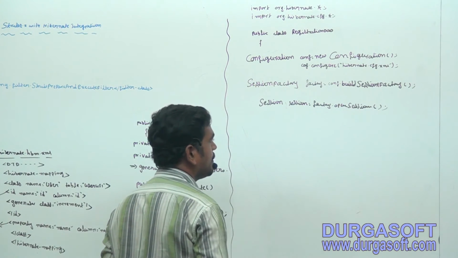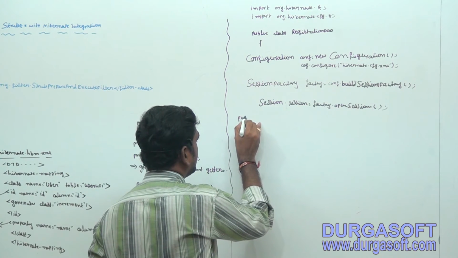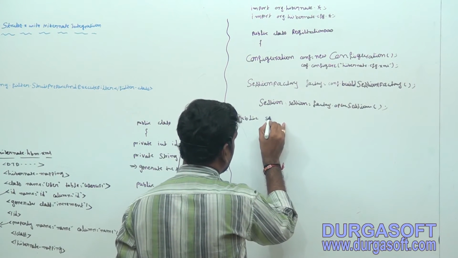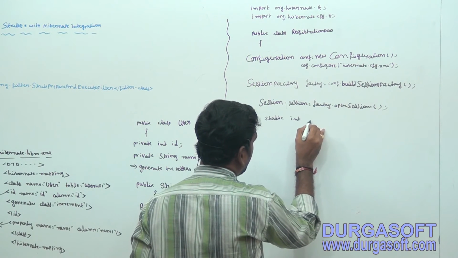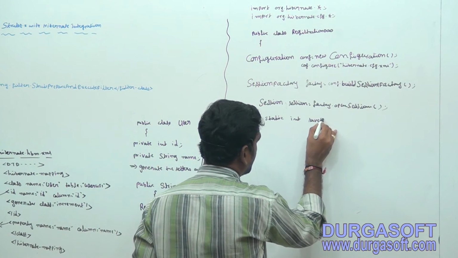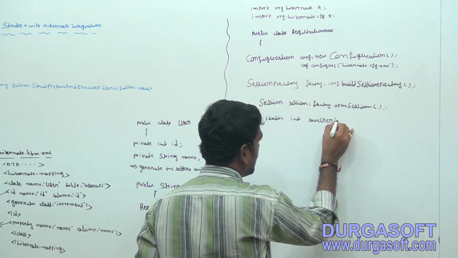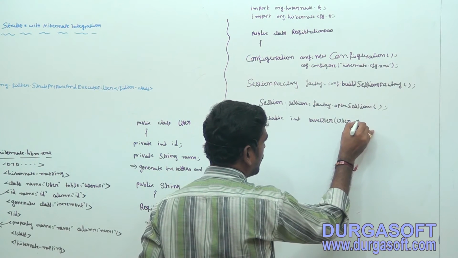Then next, after that, we can create this method: public static int saveUser. Under that, I am passing User v.